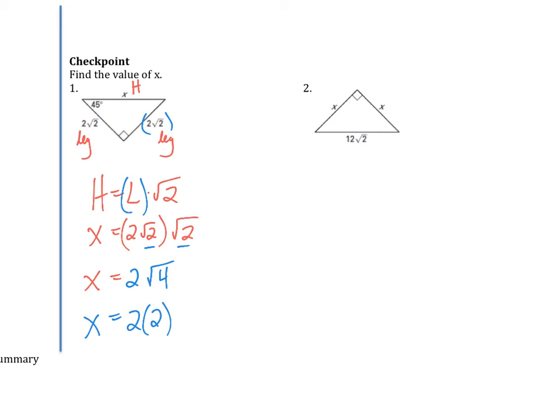Okay, so we plugged the values into our equation. Here's the equation. You plug in x for h, because h is the hypotenuse, and in this case, the hypotenuse is x. And you put 2 square root of 2 in for L. We end up with 2 times square root of 4, which is really 2 times 2, so x is 4.